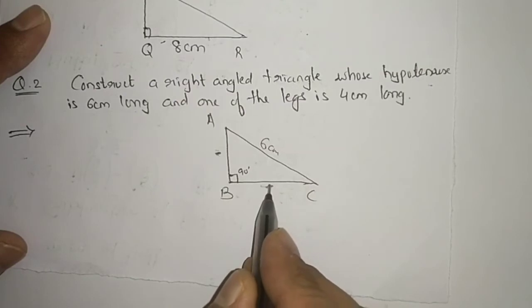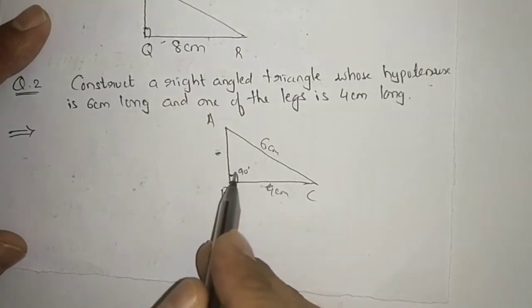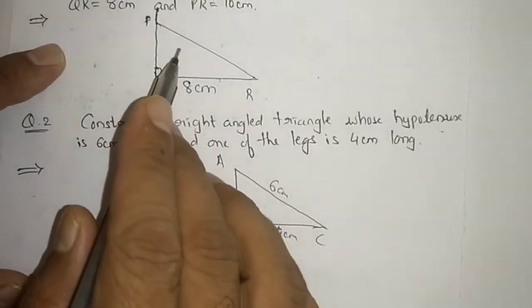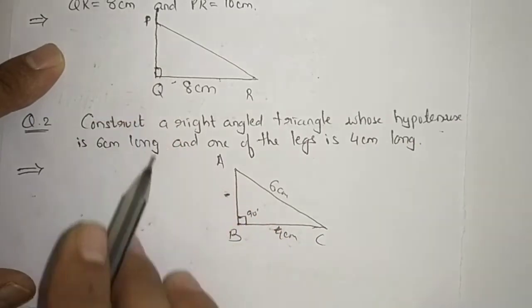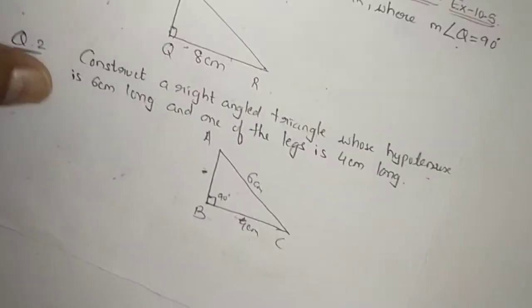So we will take BC as 4 centimeter and construct 90 degree, and then this we have taken like we have taken in previous construction, right? So we will construct the same as we have constructed question number 1.